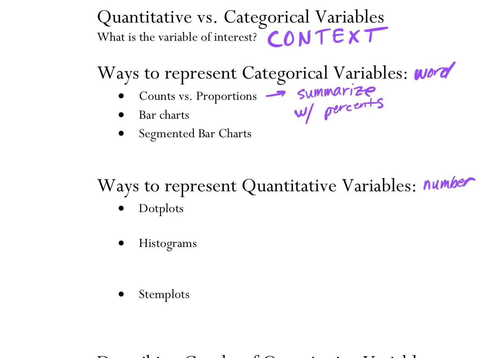The variable of interest there is not the 40%. Are you guys with me? The variable of interest there is the grade level of each student. So you're not looking at what the summary is, because we can still summarize categorical variables with numbers. Okay, we summarize them with numbers, but the individual responses, if I said, hey, what grade are you in? You would say, I'm a sophomore, I'm a junior, I'm a senior. Okay?